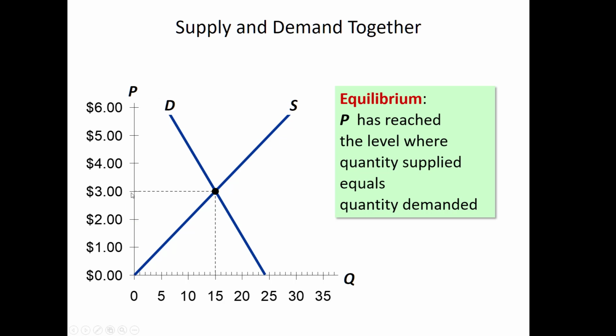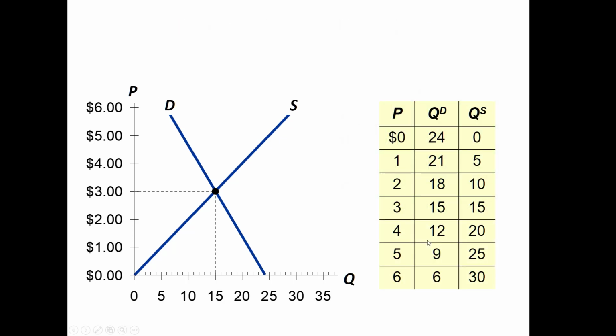So this is the equilibrium in the market. The market equilibrium is price equals 3, quantity equals 15. Basically, you look for the price when the curves intersect. That's the equilibrium price, and that will be the corresponding equilibrium quantity.